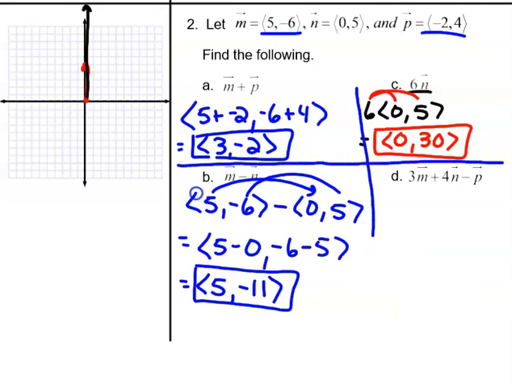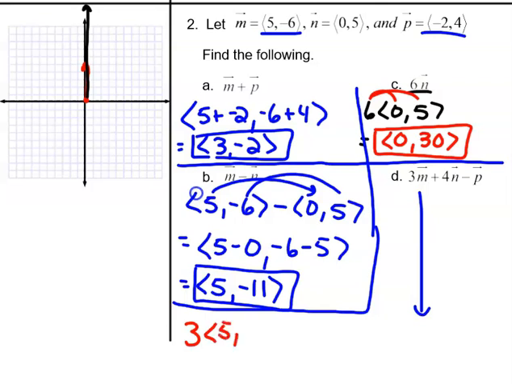And for this one, just so I can put it all on one line, I will do it down here. So 3m, my m is 5, negative 6, 4 times n, minus p.